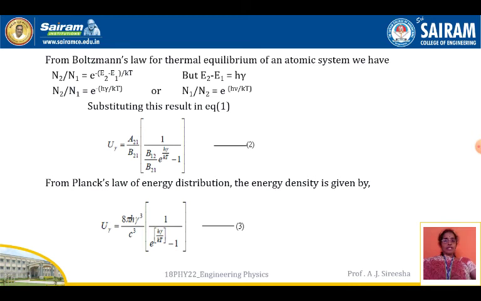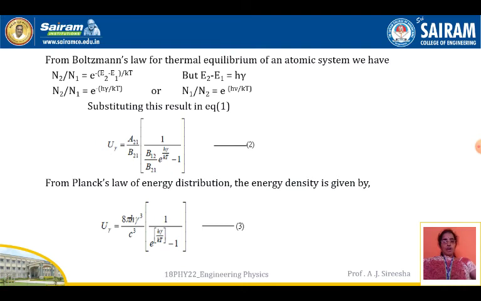Now taking the reciprocal, N1 by N2 is equal to e to the power of h nu by kT. Substituting this in equation 1, we get u nu is equal to A21 by B21 into 1 by (B12 by B21 into e to the power of h nu by kT minus 1). This is equation number 2.